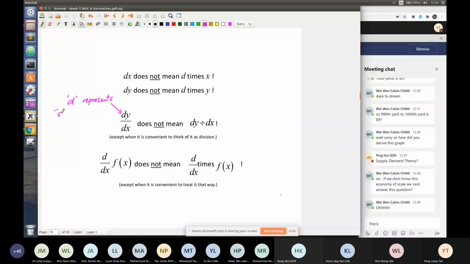So small change in y over small change in x, that's what the derivative or the differentiation of y with respect to x means. It just means small change. So when you say how small is small, well, it's infinitesimally small, infinitely small. So h goes to 0, using the limit concept.